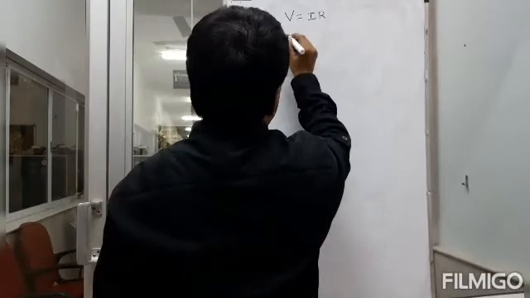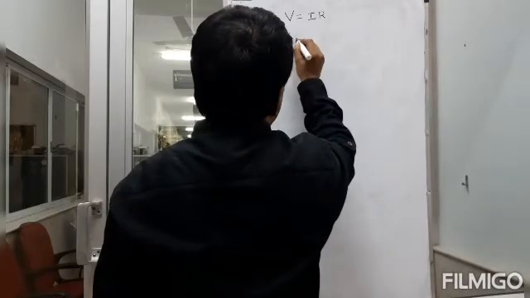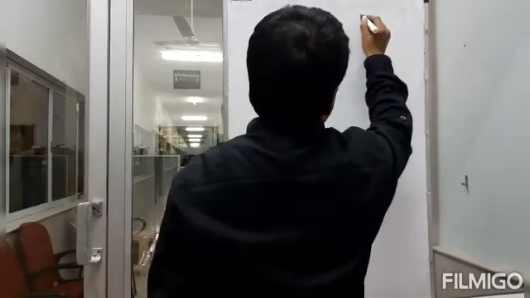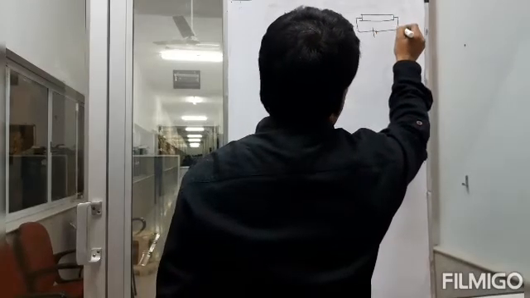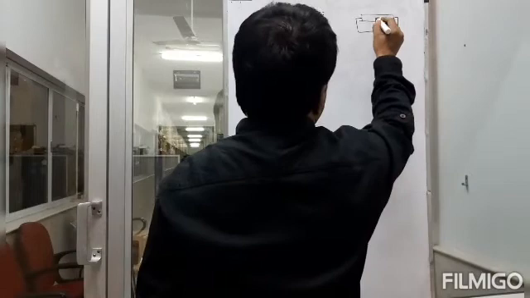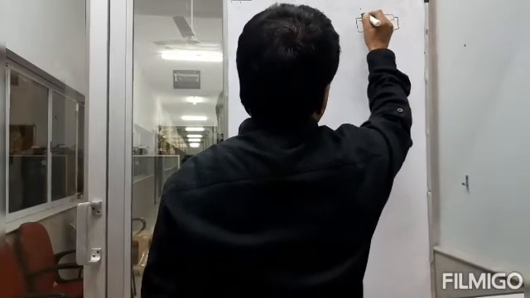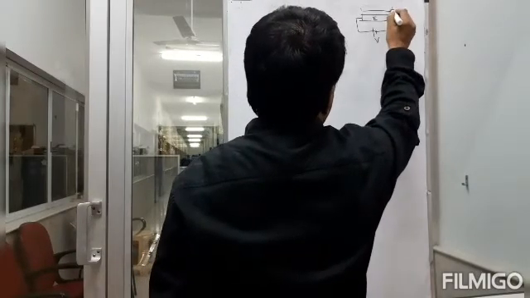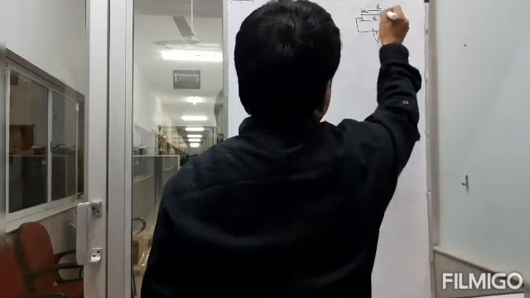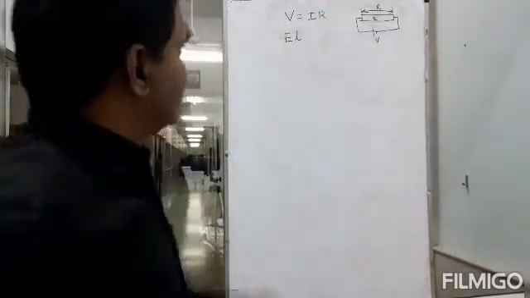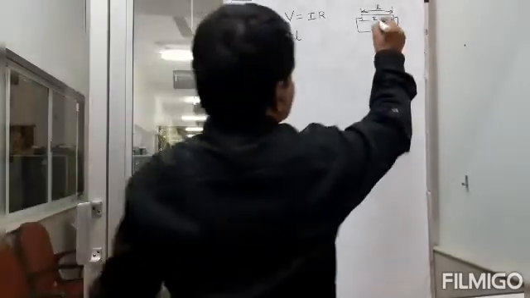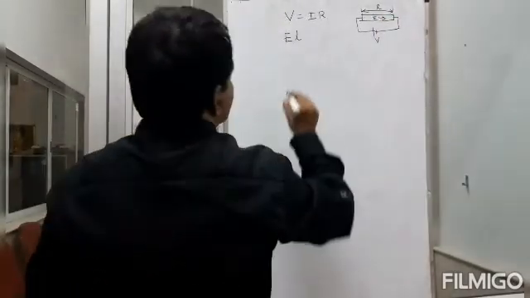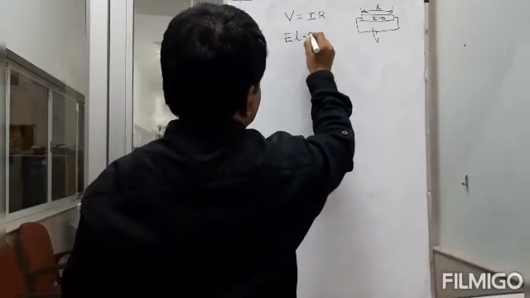V is actually E into L. If you have a conductor like this, and I apply a battery V, I'm going to set up an E there. This is the length of the conductor, and E into L will give me V. So V is equal to E into L, and this is equal to I R.